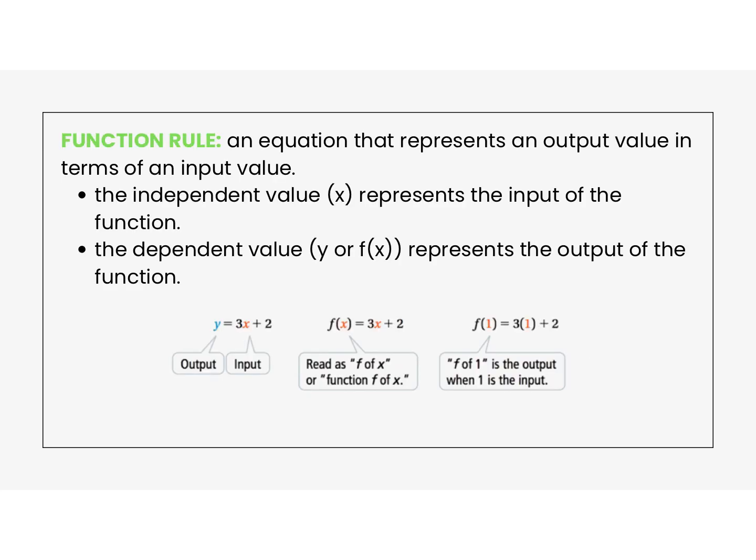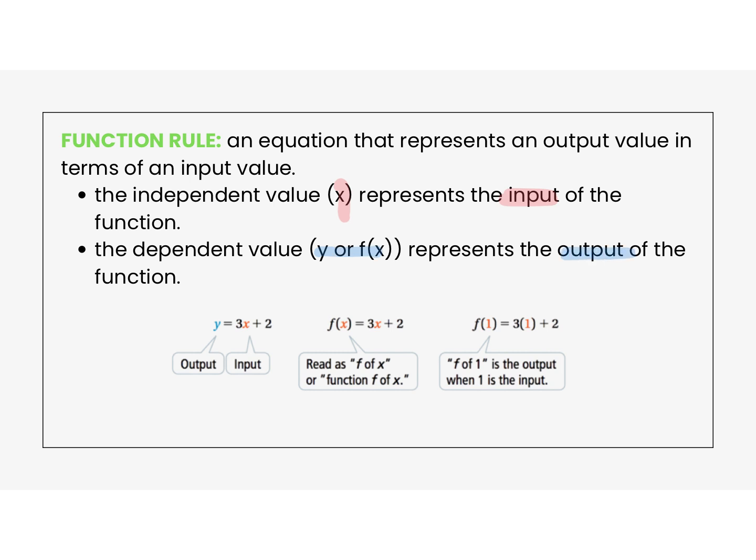Okay, and then lastly, we're going to talk about functions themselves. So the function rule is an equation that represents an output value in terms of an input value. The independent value, which we oftentimes call x, represents the input of the function. And then the dependent value, which is y or f of x, represents the output of the function.